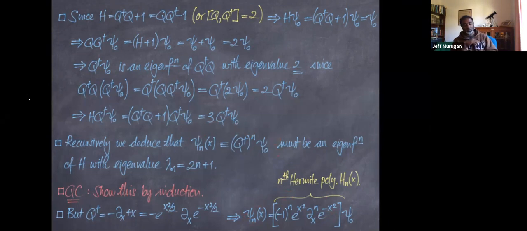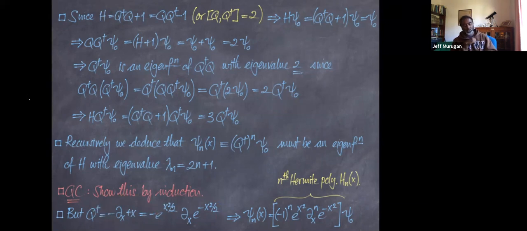And the answer is by staring at this guy, Q dagger, which is minus d by dx plus x. Since we're working with Gaussians, you can recognize that this thing can be written as minus e to the plus x squared times the derivative with respect to x of the Gaussian. You can just do the calculation and you'll see that you will get nothing but minus d by dx plus x, which is what we were calling Q dagger.